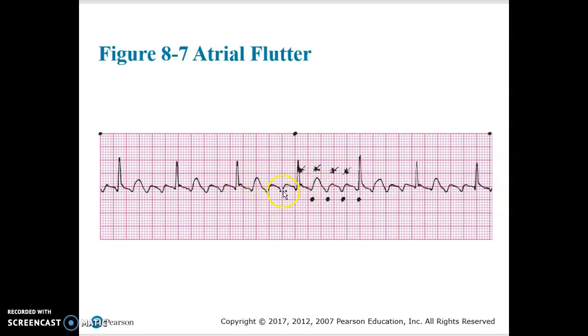We can clearly see it, and this one's easily defined because we have that sawtooth pattern. We see those flutter waves. So we're looking for that sawtooth. You may hear those waves referred to as sawtooth waves. So when you hear sawtooth, you need to automatically think atrial flutter. If you have any questions, please let me know.